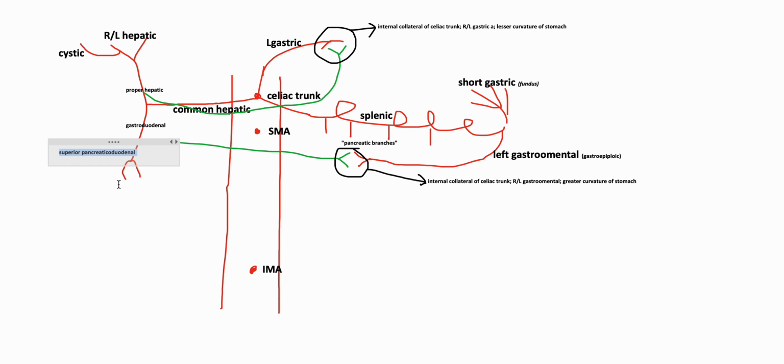And the branches that the superior pancreaticoduodenal artery itself divides into are simply named anterior and posterior. Meaning that this branch over here is the anterior superior pancreaticoduodenal artery, and this is the posterior superior pancreaticoduodenal artery.